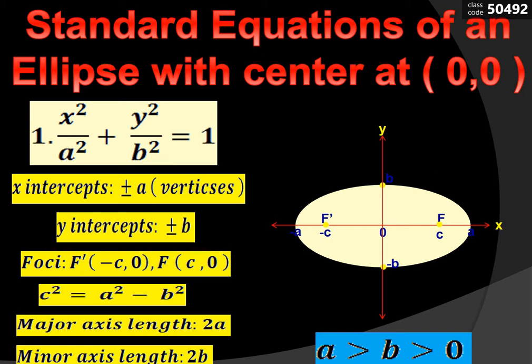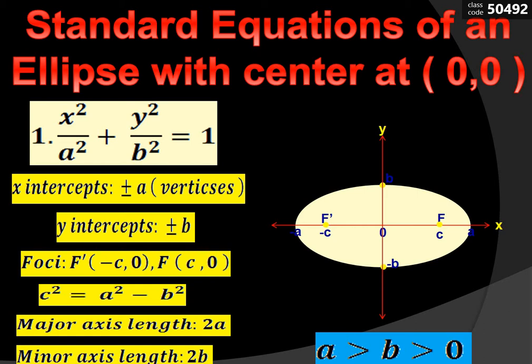The foci: F prime is negative c, 0, and F is c, 0. To solve for c, a, and b, we need to use this equation: c squared equals a squared minus b squared. The major axis length is 2a. The minor axis length is 2b.